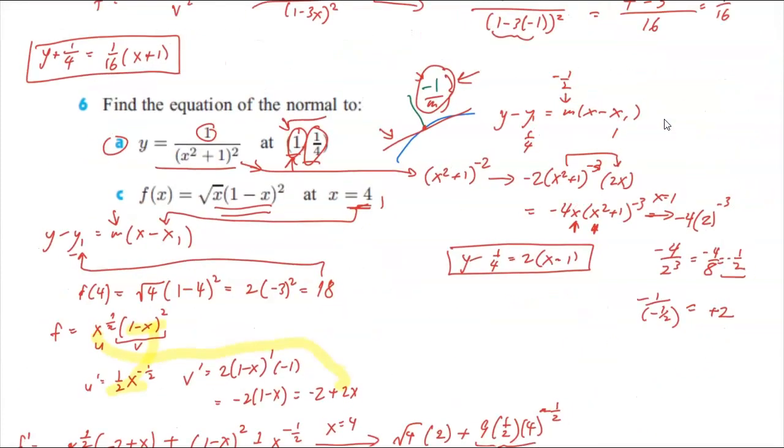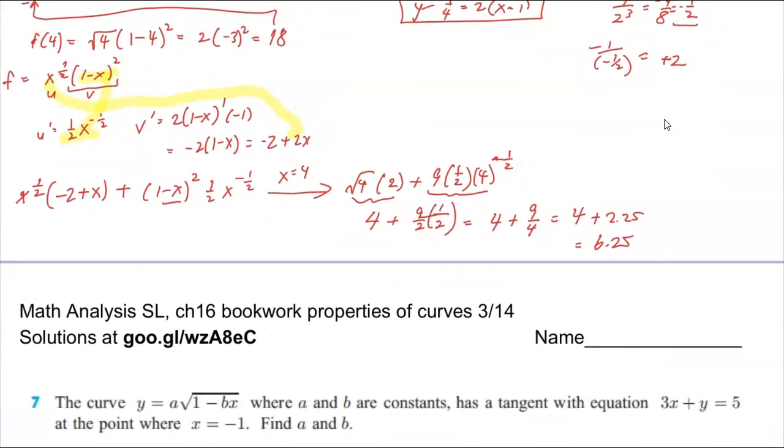What we want is the perpendicular to that. So the perpendicular of slope of 6.25 is going to be negative 1 over 6.25. Okay. Let's see. If I wanted to change this into a fraction, I would multiply both the top and the bottom by 4. It would be negative 4 over 25.